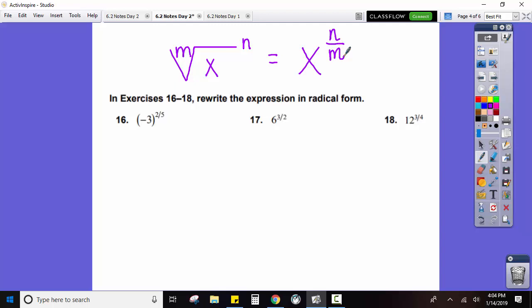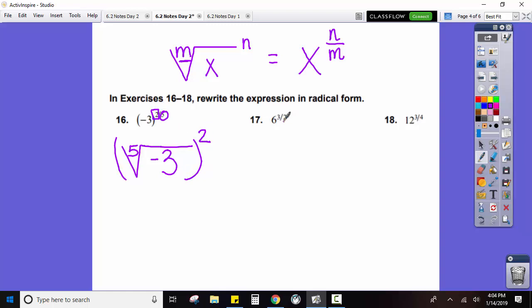So it says rewrite the expression in radical form. So number 16, okay, we take the denominator, and that is the number that goes in the radical. So the fifth root of negative 3 is the number we're finding, and that is to the second power because the numerator is our exponent.